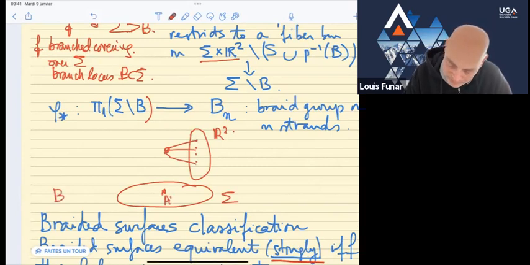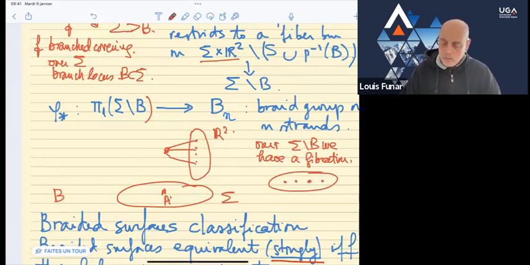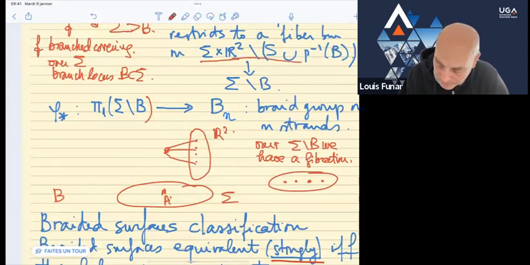But outside that, everything over sigma minus B, we have a fibration whose fiber is R2 minus a number of points, which is coming up from here.